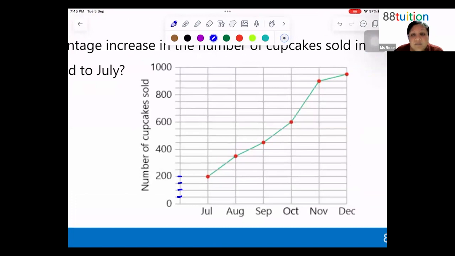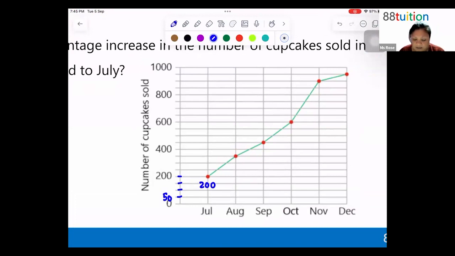Anyone? What does each division represent? Is it 25? Everyone agrees, 25? No. Okay, so who disagrees? Yes. So each division is 50. So you have 200 cupcakes sold.